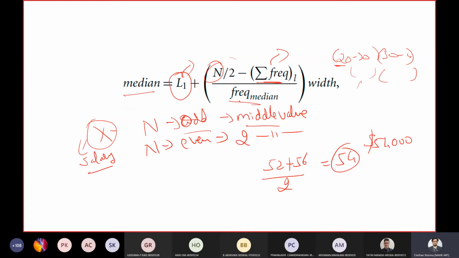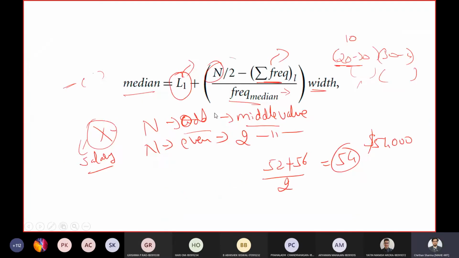Frequency median gives you the frequency of the median interval, and width is the width of the median interval. Here the width might be 10, for 20 to 30. You just have to know this equation. In MCQs or one-word questions, for 0.5 marks, if it is asked what is the equation of the median when the data is in terms of intervals, you have to just write this particular equation.